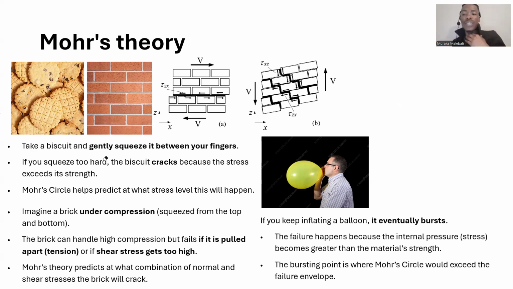But when you start to apply tensile or shearing stresses, like here, these bricks start to fail. So the Mohr theory predicts at what combination of normal and shear stresses the brick will crack. And also the biscuit: if you squeeze it too much, there will be a point where the biscuit will crack.